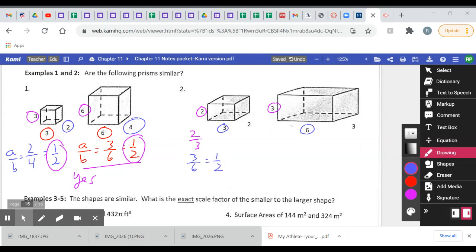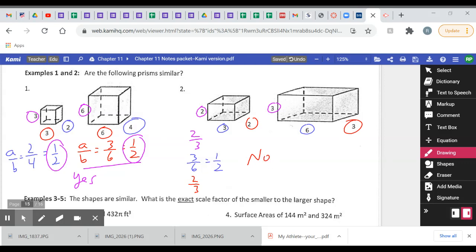Because 2/3 and 1/2 are not the same, that's the problem here. If I check the third set of sides, the width of the base, I can say 2 over 3. So again, I have two ratios that are 2/3 and one of them that's 1/2. But for them to be similar, they would all have to have the same scale factor, and they don't.